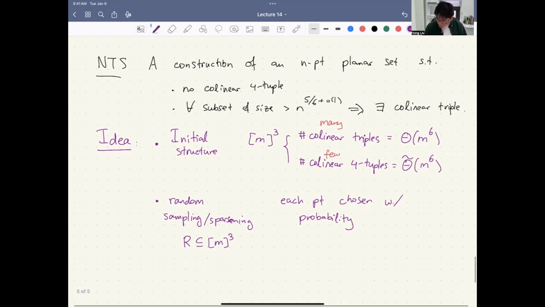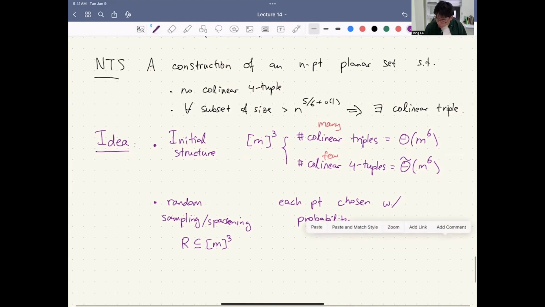So m to the 1 plus little o 1. Or maybe 1 plus or minus little 1, whatever.